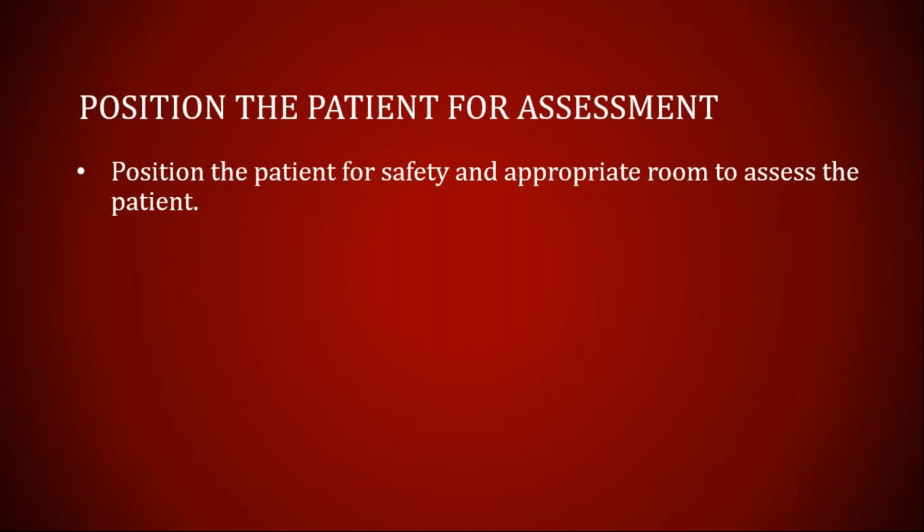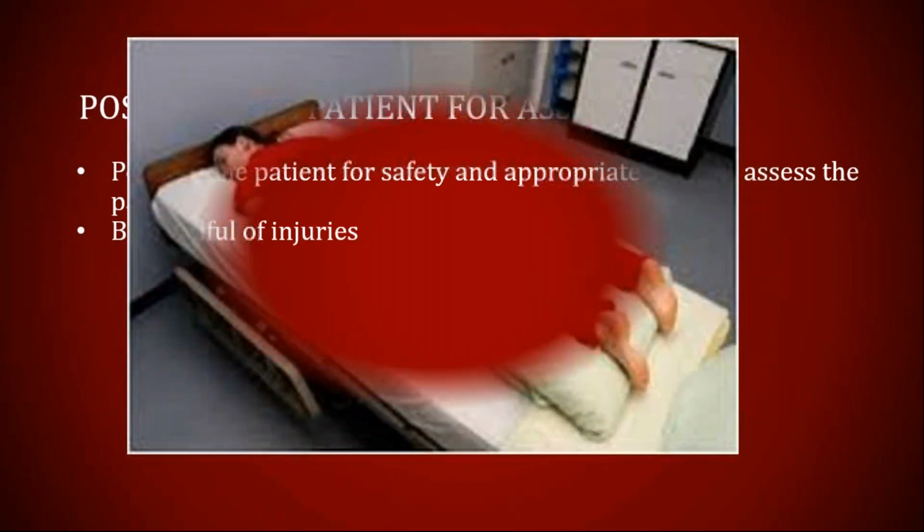For example, patients who have difficulty breathing might want to position themselves in the tripod position because that's going to be most comfortable for them. Be mindful of any injuries, especially when you're maneuvering the patient. If you're log rolling the patient and they have injuries to the left side, you don't want to be log rolling them onto their left side when you're putting them on a backboard or on the manta.